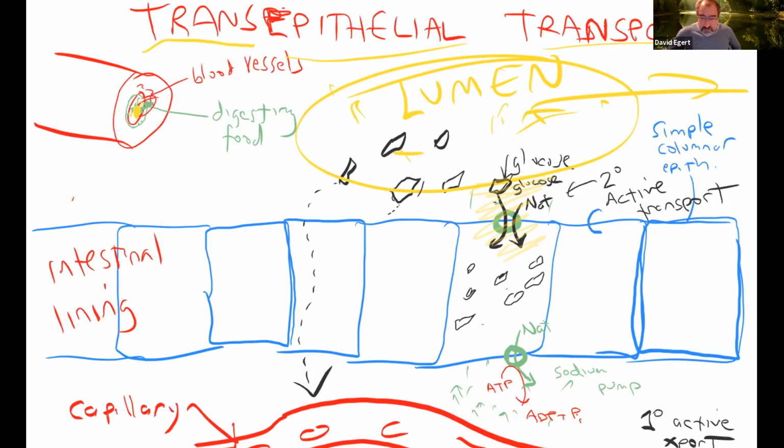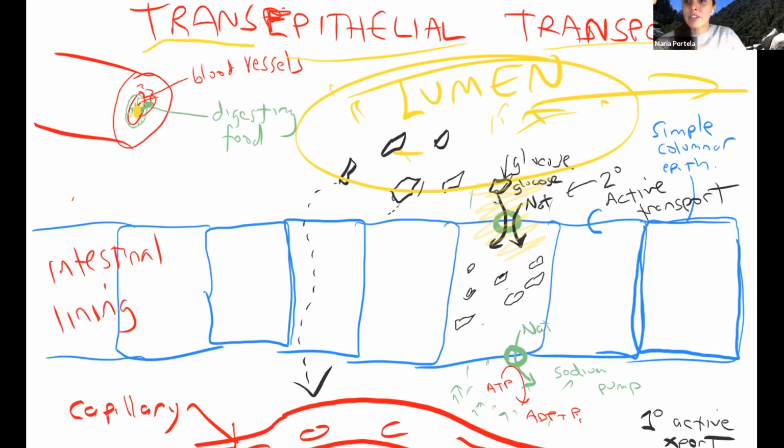But we can bring even more glucose in against its gradient because the sodium gradient is driving the movement using this symport. Does that make sense? So that's secondary active transport. It's using the energy stored in the sodium gradient to drive the movement of glucose against glucose's concentration gradient.